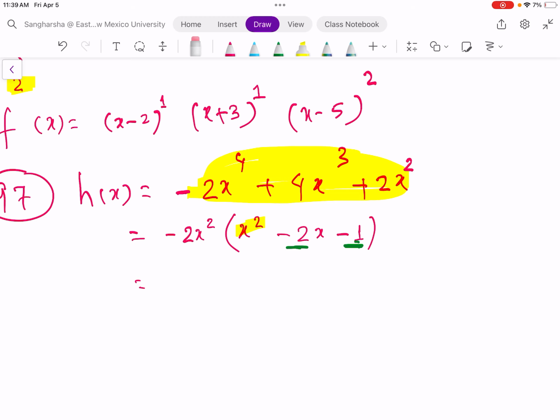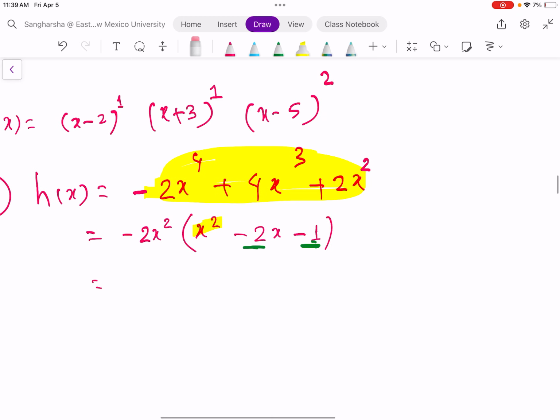You can just use the quadratic formula to factorize this, but that's not what we want here. For your homework, I see you do have this problem, but on your exam you won't have this kind of problem. You will have a trinomial that you can factorize easily, like the example we had earlier.